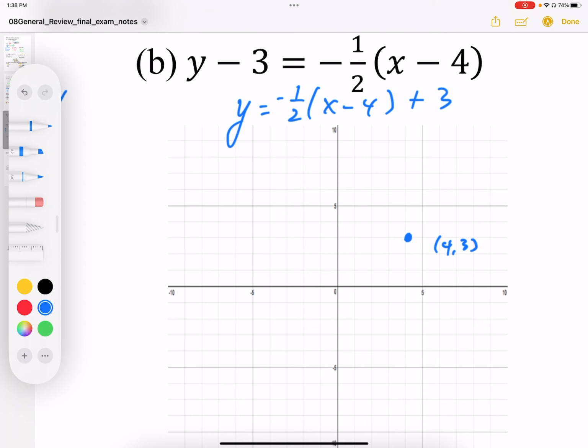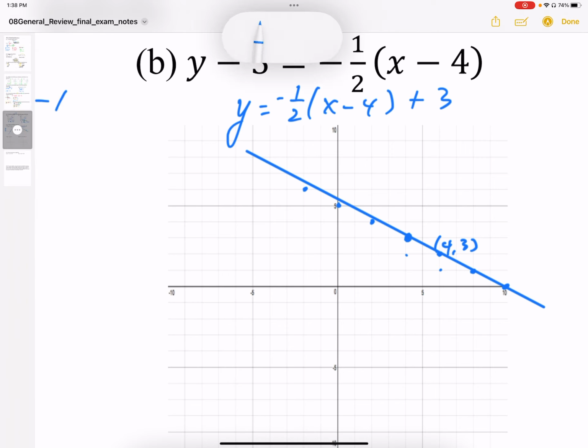It goes down 1 over 2, down 1 over 2, down 1 over 2. Okay, and it's going to follow that slope. And so once we have that slope, starting at that point, we have all the points we really need. So I just draw in my straight line through there. Okay, again, try that again.